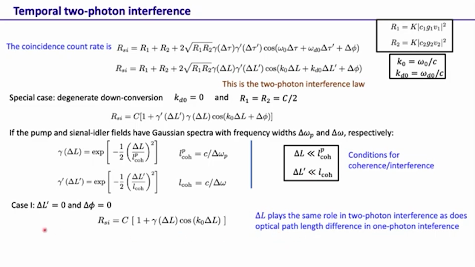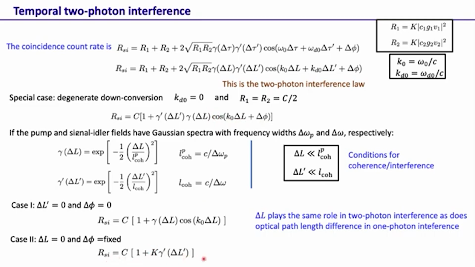Let us look at another case, when delta L is 0 now and delta phi is some fixed quantity. In that case, RSI is C1 plus k gamma prime delta L prime, because this quantity is just 1, and since delta L is 0 and delta phi is some fixed quantity, the cosine is just a fixed number, which is some k.